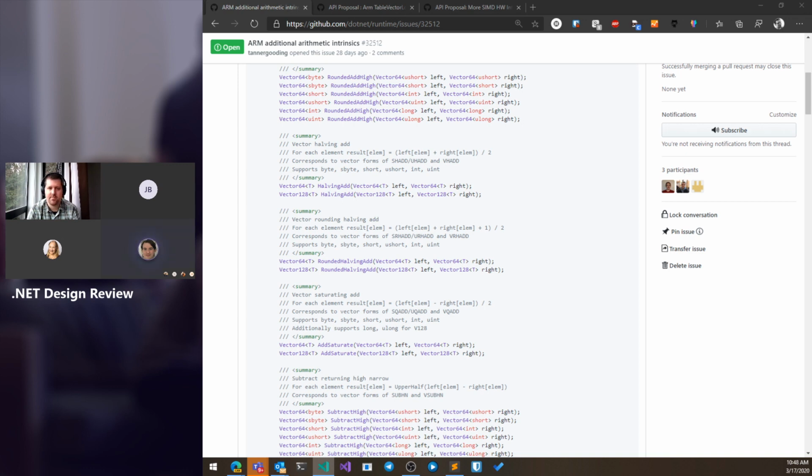In particular, I called this one halving add because I didn't think add half made sense. Specifically since this is doing an add and then it's halving the result. And this is subject to overflow.